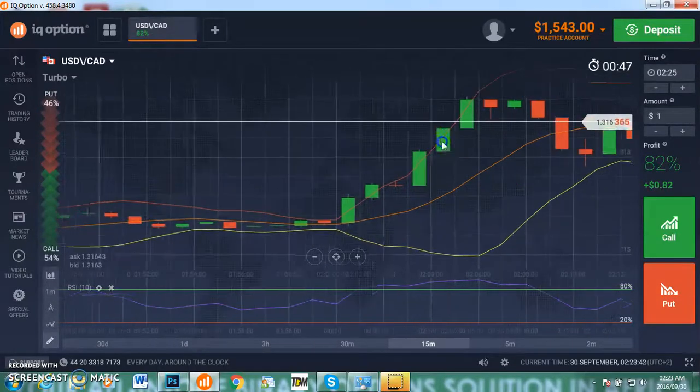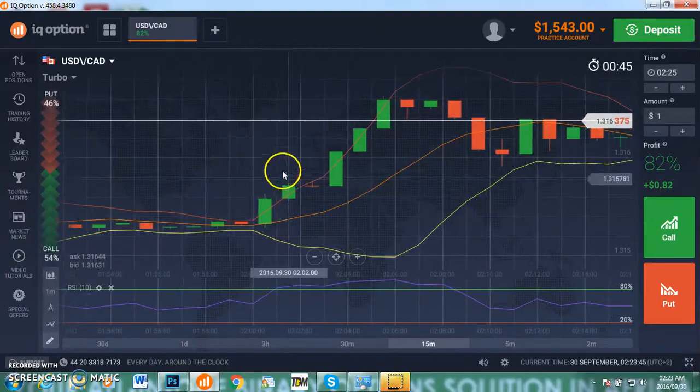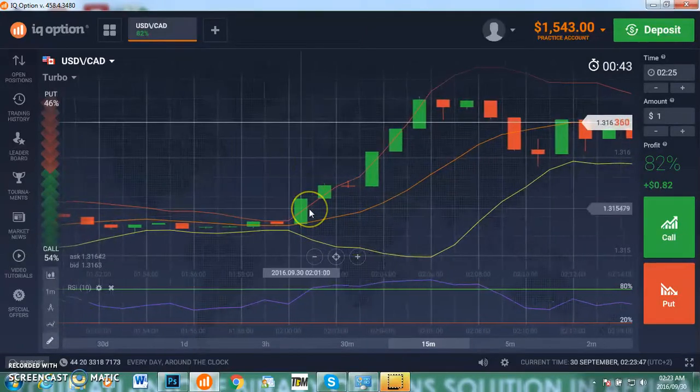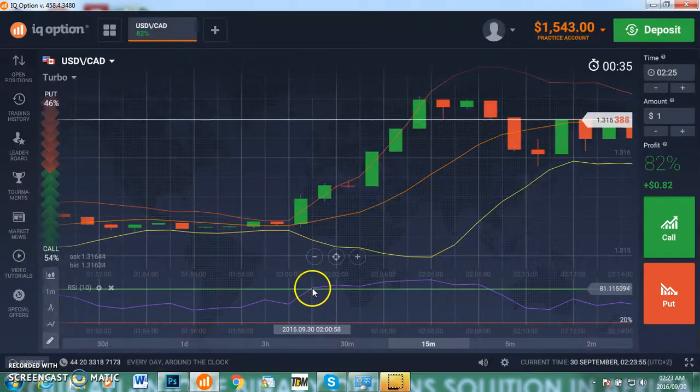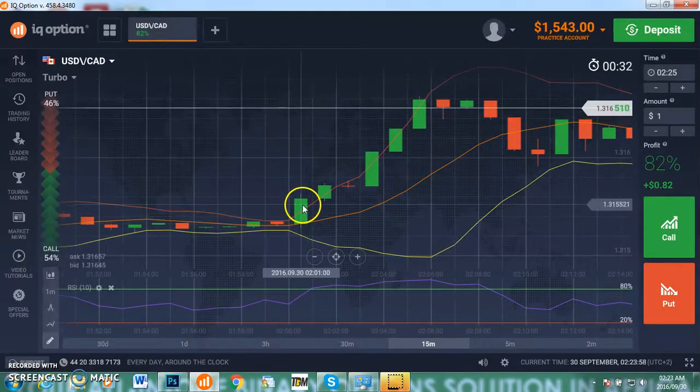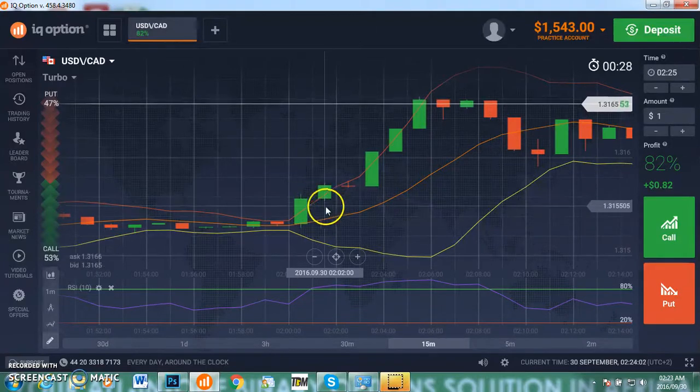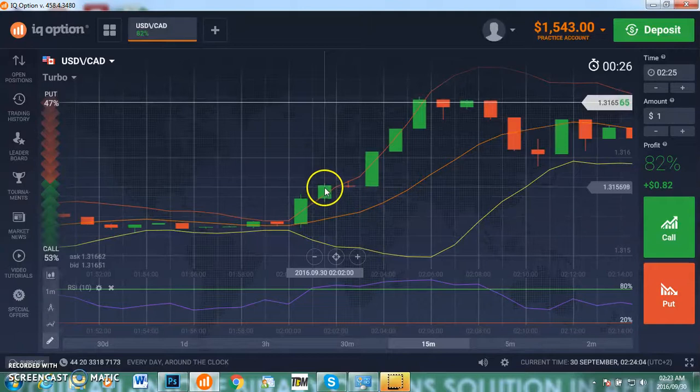It's very simple, and sometimes it's not going to be a win because there's no strategy that is 100%. So when that happens, let's say you have placed the trade here, you saw that it has pushed to its highest ability, but you placed your trade here to say it's gonna go down, but the market decided that it's gonna go up.